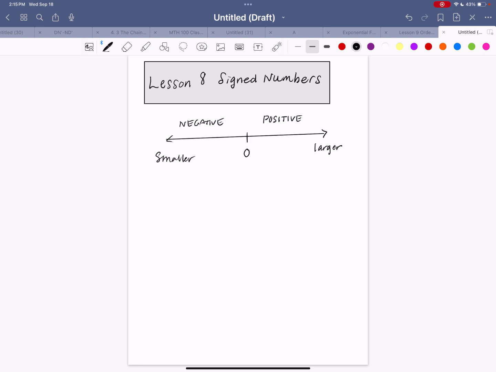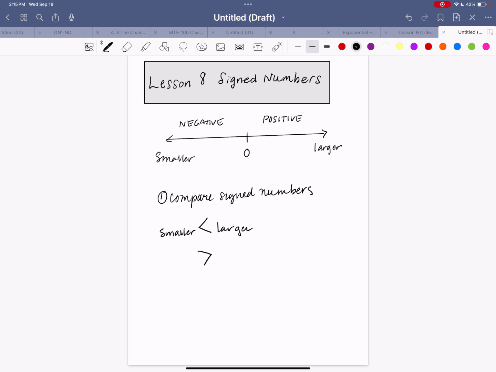So we'll compare sign numbers this way. So wherever the smaller number is, the point of the less than will point toward the smaller number, and the larger number will be on the open side.